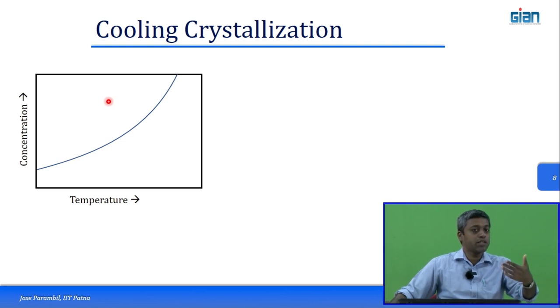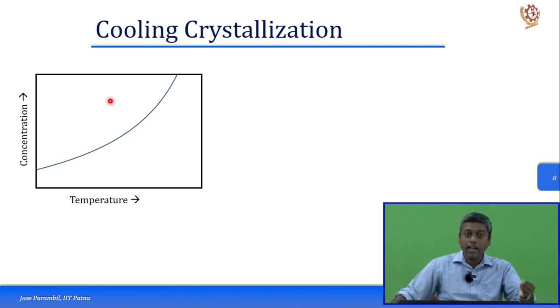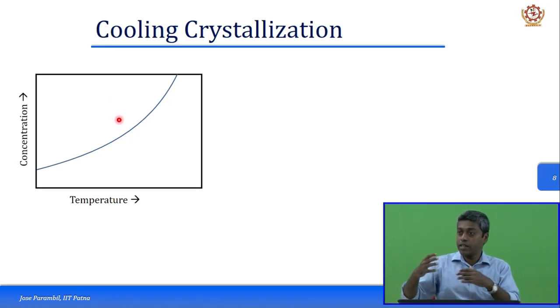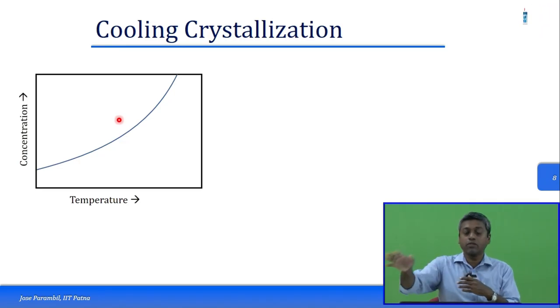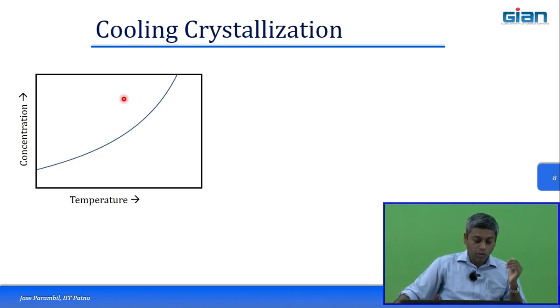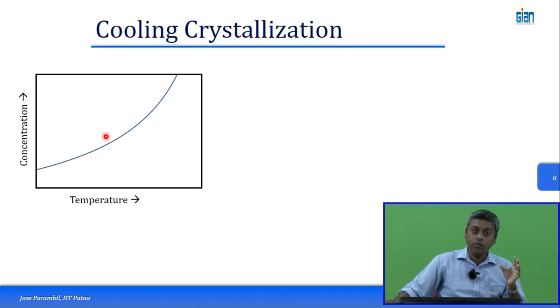At some point, it would start nucleating a new crystal, and once the nucleation starts, the concentration of the solution starts to come down, because the proteins are now moving into the solid phase, so the liquid phase concentration comes down. The concentration would come down and meet with the solubility line, and as you keep on decreasing the temperature, it would follow the solubility line and stop when you stop the cooling process.